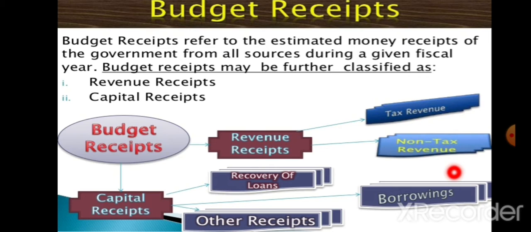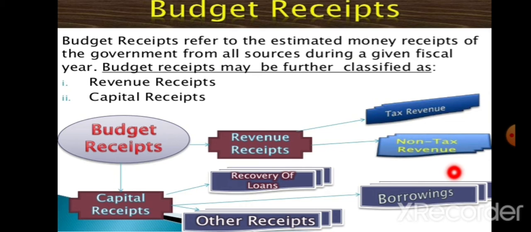Budget receipts may be further classified as revenue receipts and capital receipts. Revenue receipts may be further classified as tax revenues and non-tax revenues, and capital receipts may be further classified as recovery of loans, borrowings and other receipts.